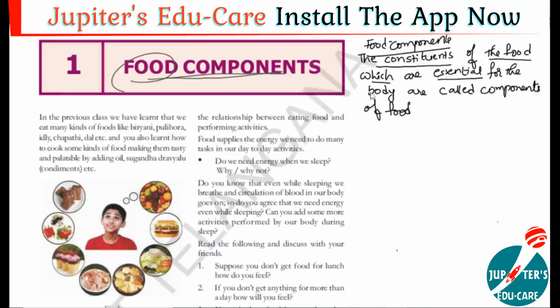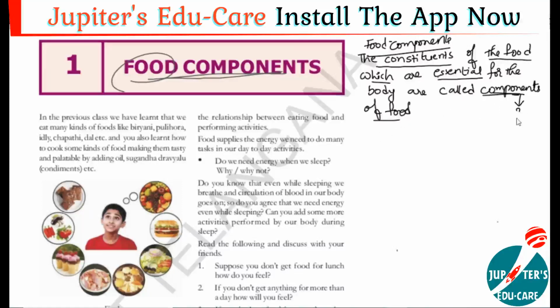The constituents which are essential for the body, for energy or to increase our body size, which help in growth and development, are called components of food or food components.